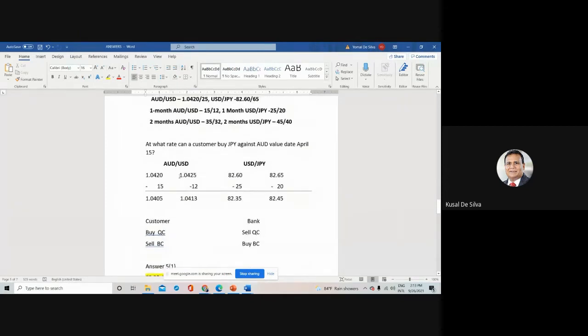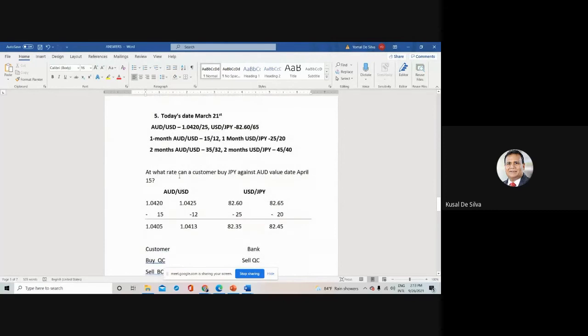Sometimes these kinds of calculations are involved in forward transactions. As a banker, or even as a customer, it is important to understand these calculations: which rate you are going to apply and when your payment will fall due, so that you know whether to apply the 2 month rate or the 1 month rate.